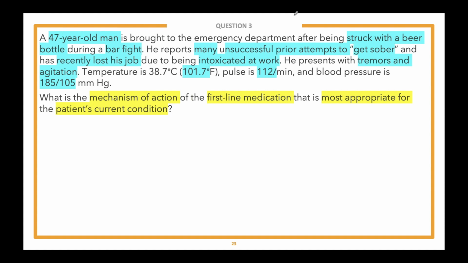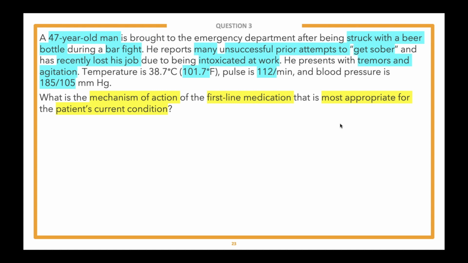They also give us some important medical history about how he's been unsuccessful in trying to get sober. We also know he's lost his job, and then they tell us he's got tremors and agitation. They give us some abnormal vital signs. Always important to make note of those vital signs, especially when they're abnormal. Then they ask us the mechanism of action of the first-line medication that's appropriate for the patient's current condition.